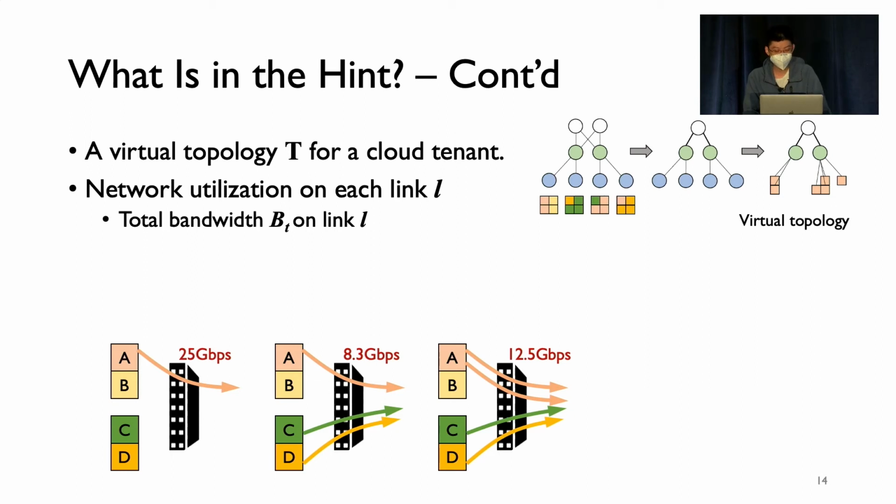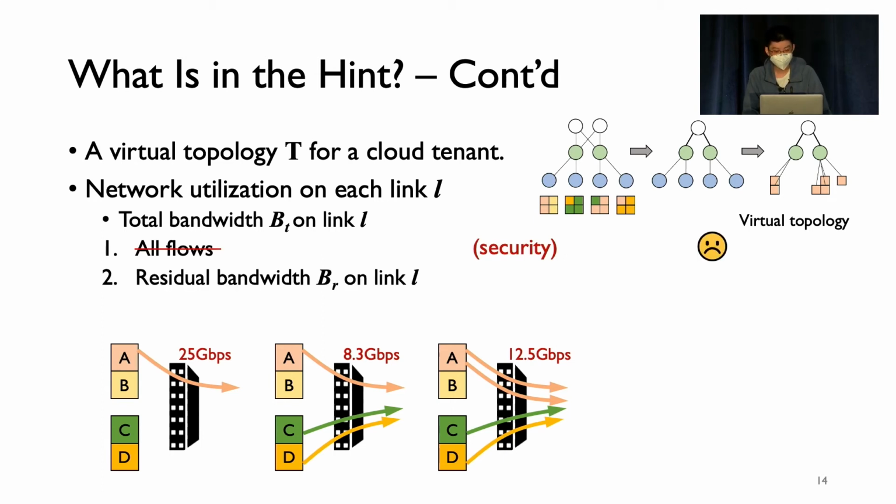To handle this problem, one option is to tell the statistics of all other flows to the tenant. This is not good because it leaks information of other tenants. Another option is to report the residual bandwidth on each link. This is aggregating information and does not leak information of other tenants in most cases, but this solution does not work either because we do not know how the flow will share the network with other flows.